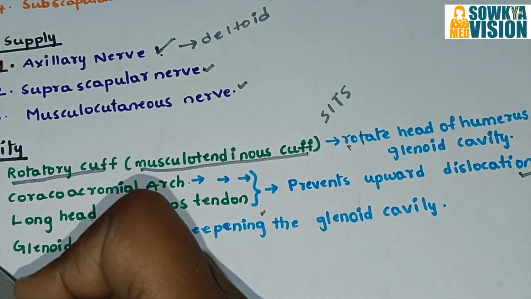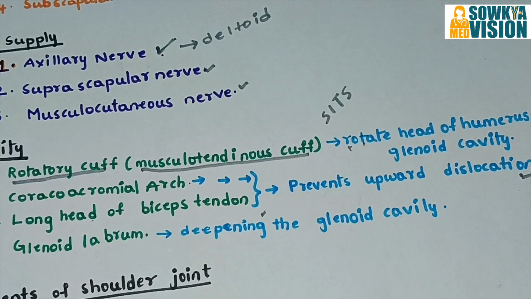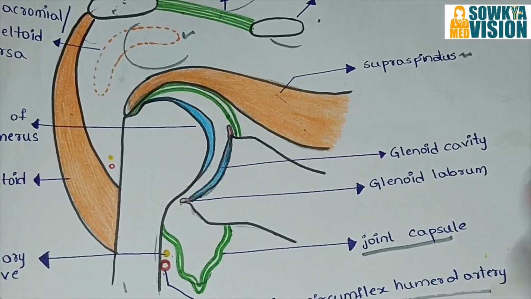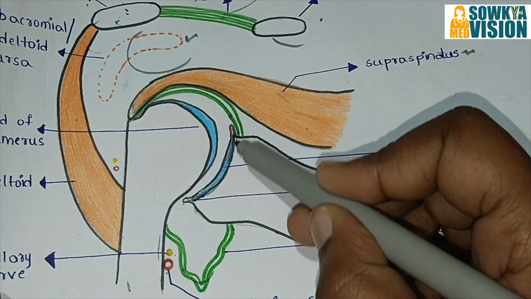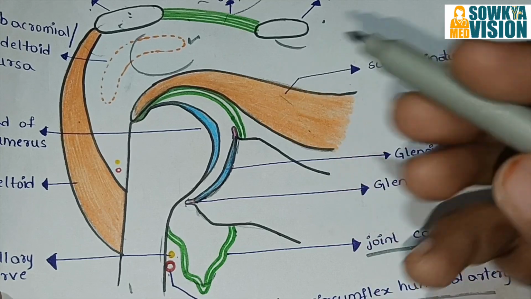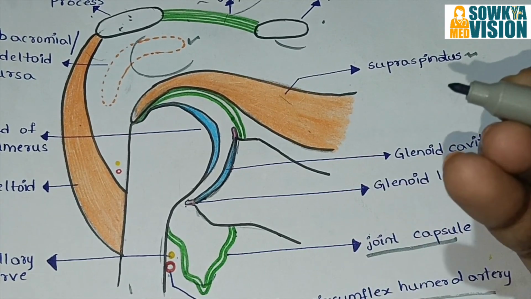And the major one is the glenoid labrum. What is the glenoid labrum? As I said, the glenoid labrum is lining the glenoid cavity, which increases the depth of the glenoid cavity.